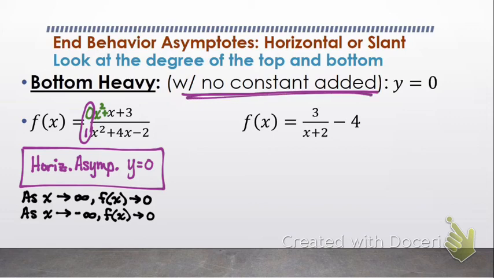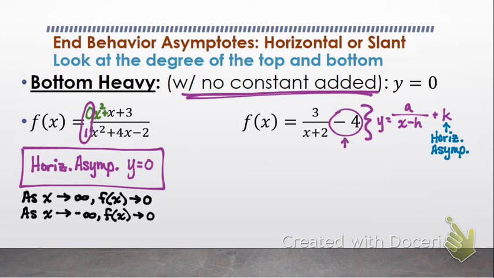It says with no constant added. This guy right here is written in transformation form. When it's in quotient form, which is what the first example was, that p of x over q of x form, that's quotient form. This one's written in transformation form, so k, this piece right here, is going to be my horizontal asymptote.